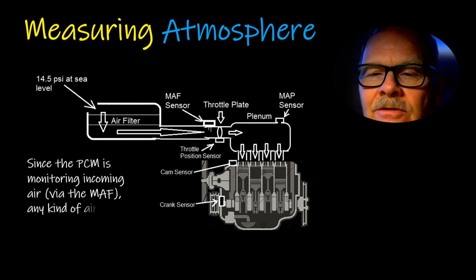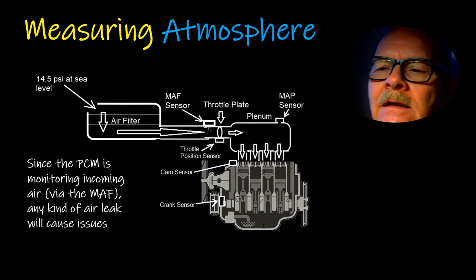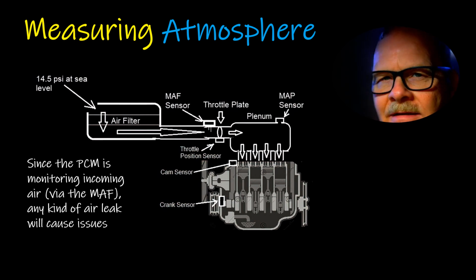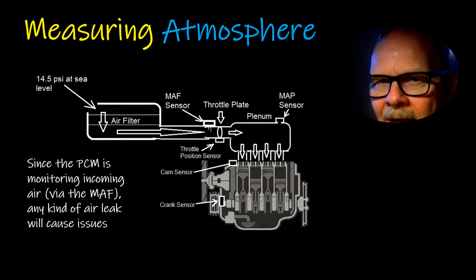And since the engine controller is monitoring incoming air, any kind of air leak that is downstream of the mass airflow sensor will cause issues. Now, typically on your PCV system, it's actually pulling crankcase blow-by into the manifold, but it has to get air to replace that air that it's pulling out.